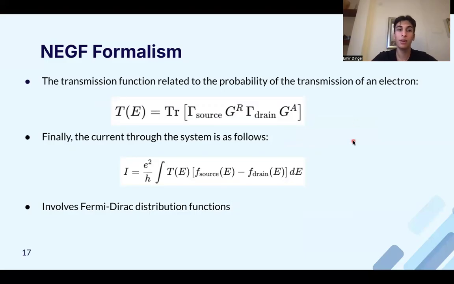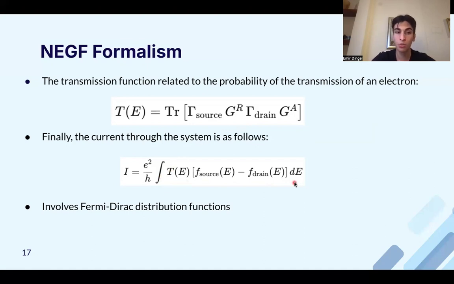We can further rewrite the transmission function, related to the probability of the transmission of an electron, as the following. And in this case, the current flow through the system will be e squared over h times the integral of the following terms.